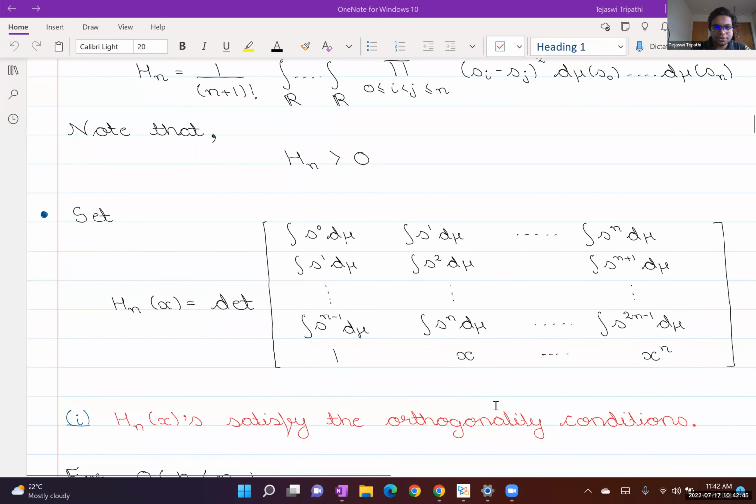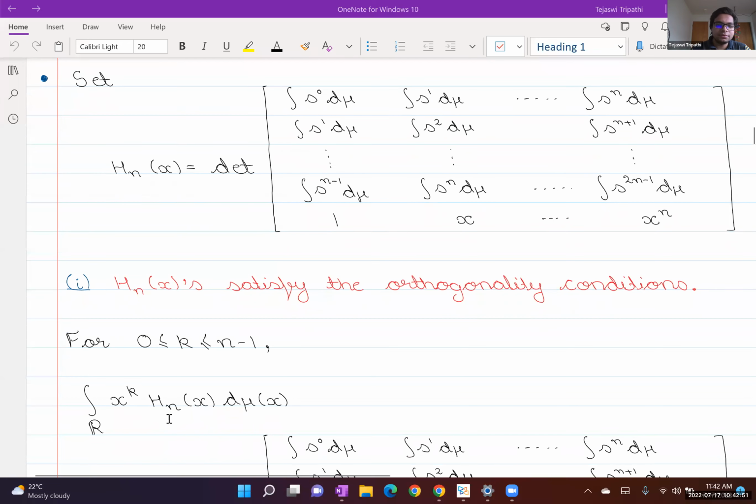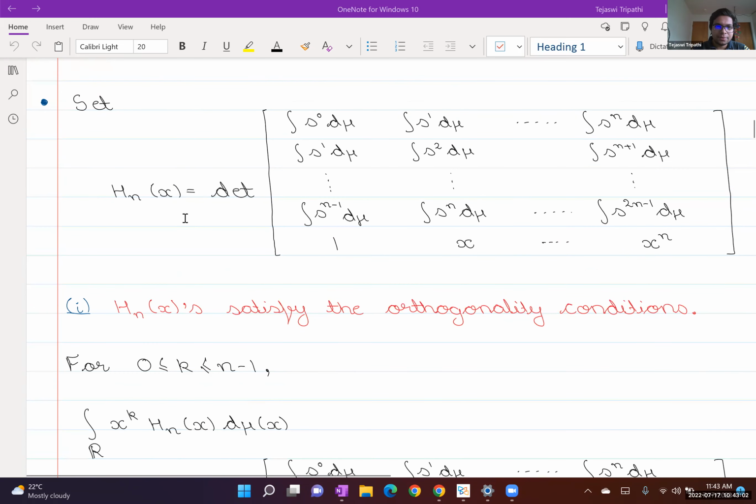So that's what I'm going to show: that for any k between 0 and n minus 1, if you integrate x^k and h_n(x), then this will be 0. Okay, now let's try to imagine how we'll integrate this. So I'm integrating this h_n(x) with x to the power k.